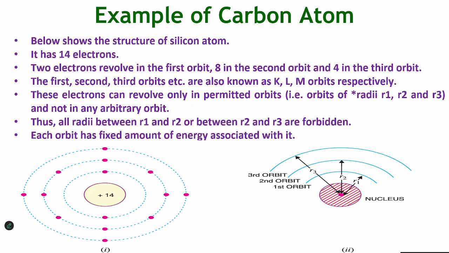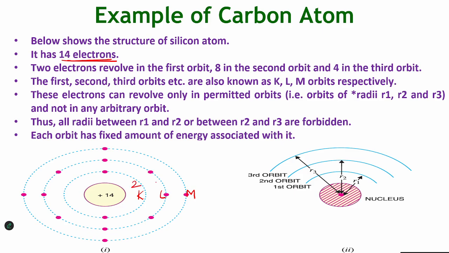Suppose we take the example of carbon. Carbon has an atomic number of 14. So the first, second and third orbits are the K shell, L shell and M shell.